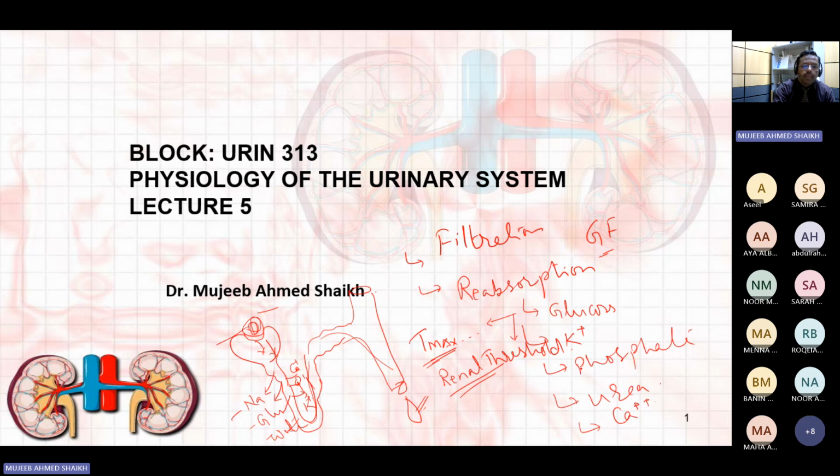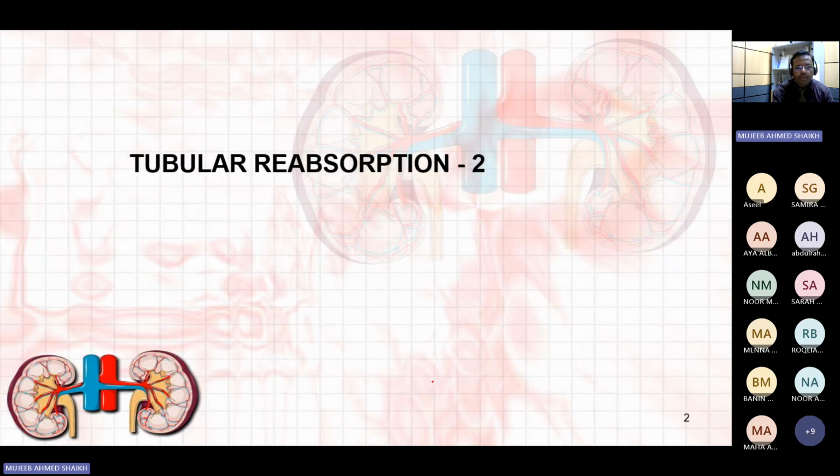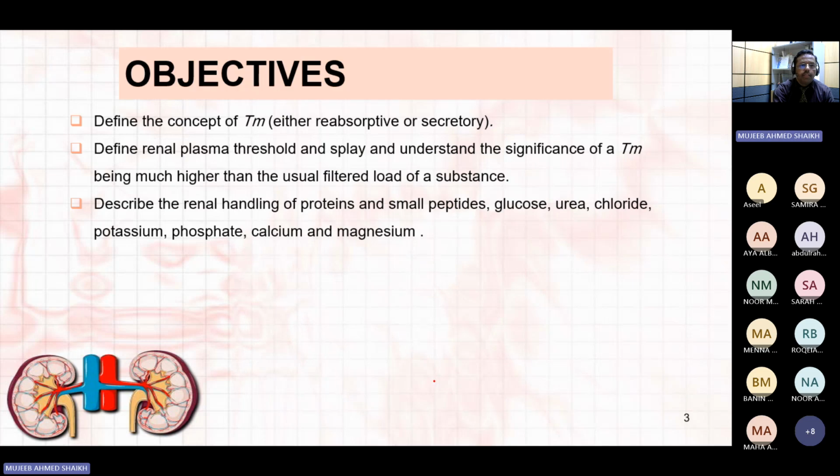So we will discuss how the person will pass glucose in the urine, what is its relation with Tmax and with renal threshold. Okay, let us begin with the objectives.